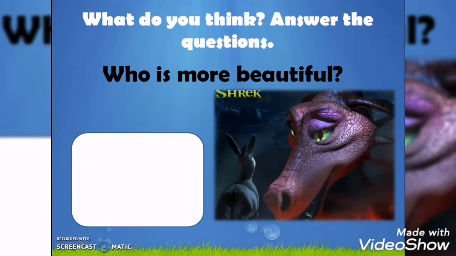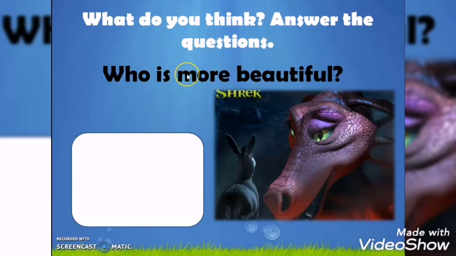Now also we have, who is more beautiful? Here, because beautiful is more than one syllable, I can divide it into two or three syllables. So I don't add er for beautiful, it is the wrong way. Instead of adding er, I use the word more. So I can say Shrek or anyone is more beautiful.